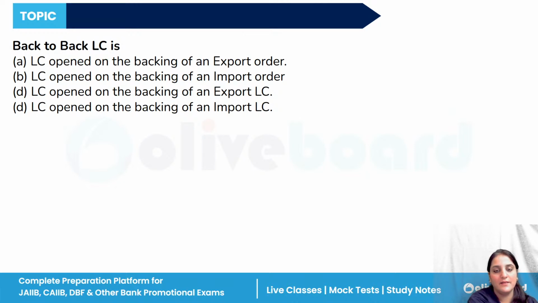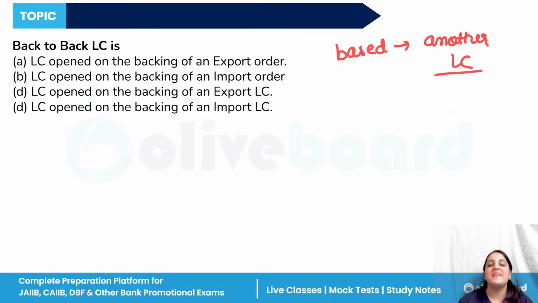Back-to-back LC. If we talk about back-to-back LC, a back-to-back letter of credit involves an LC being opened based on another LC. Typically, an exporter uses an export LC which is received from a buyer to open a second LC in favor of a supplier.